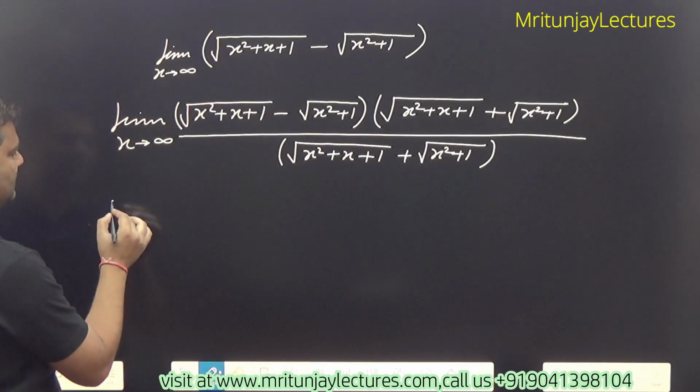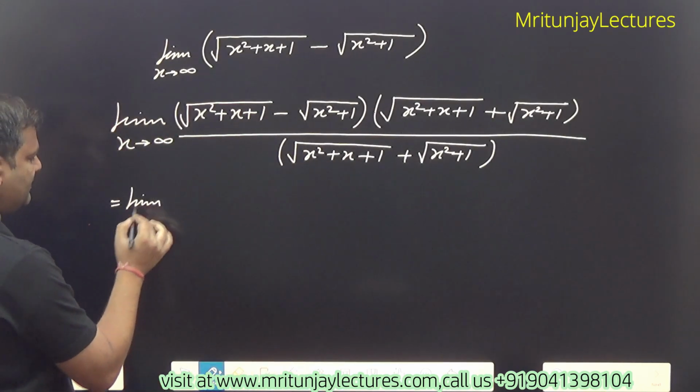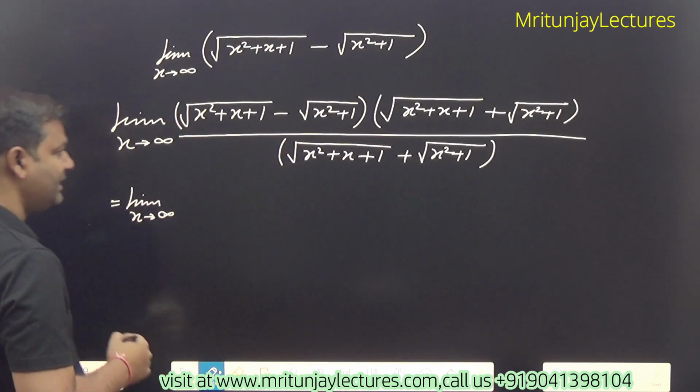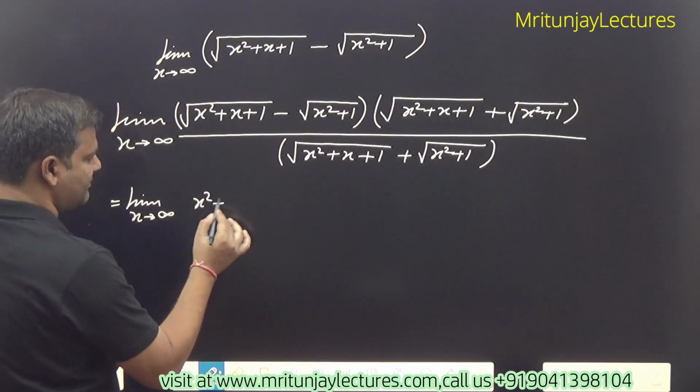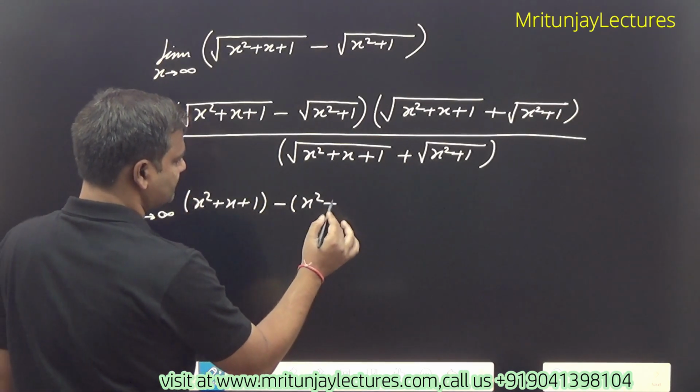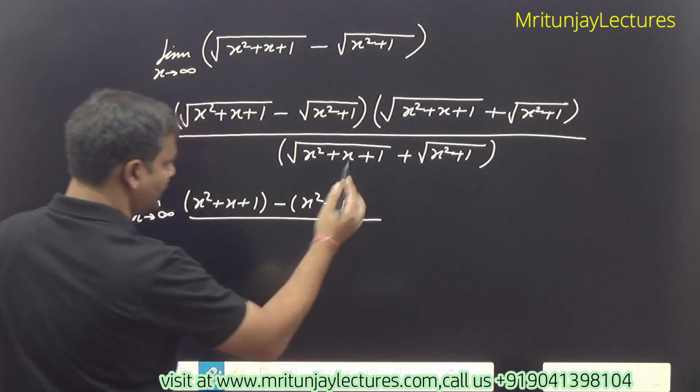Now look here, limit x tends to infinity, numerator x square plus x plus 1 minus x square minus 1, denominator the same.